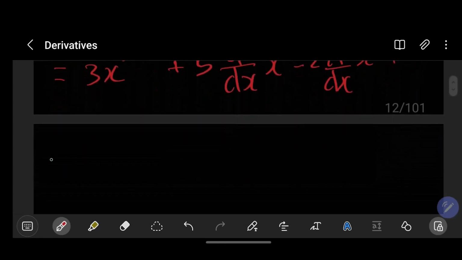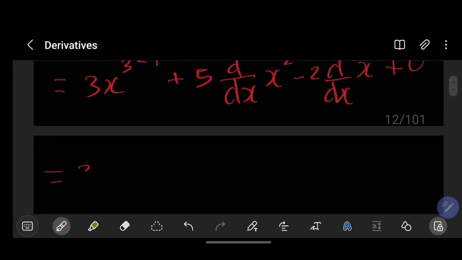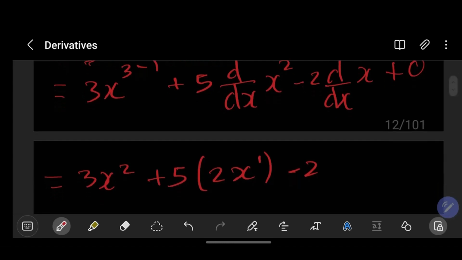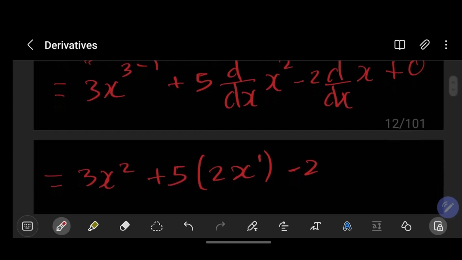So this is now equal to 3x squared plus 5 into 2x raised to the 1, because we have 2 minus 1, and this is basically minus 2 into d dx of x, which like we mentioned earlier is just 1, so that remains just as 2, so it's 2 into 1.